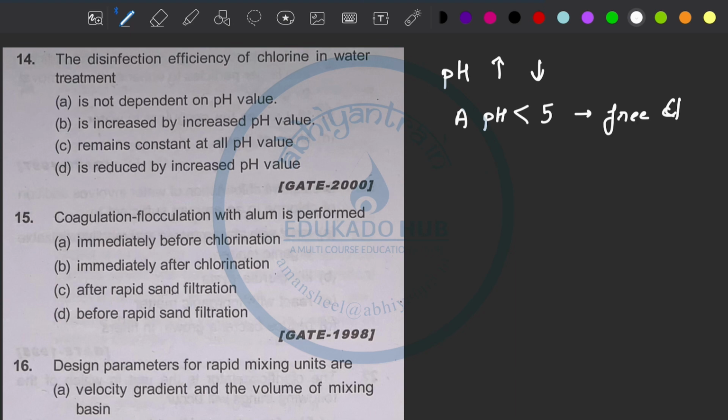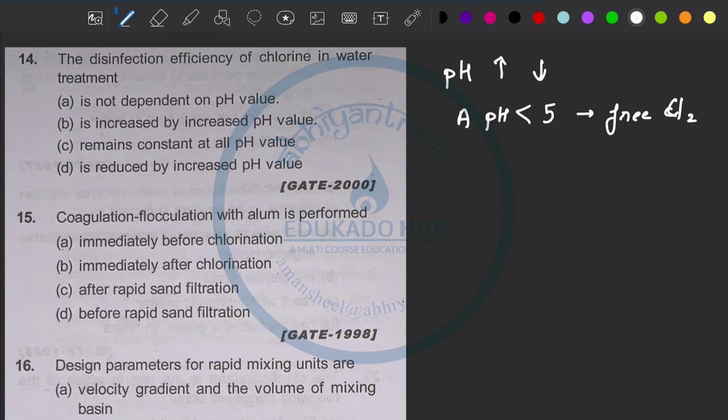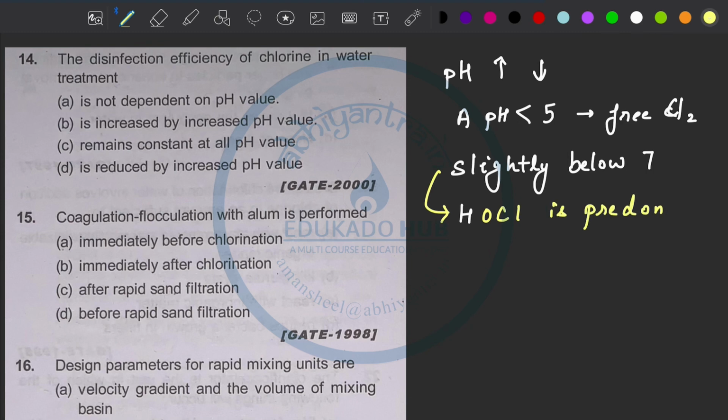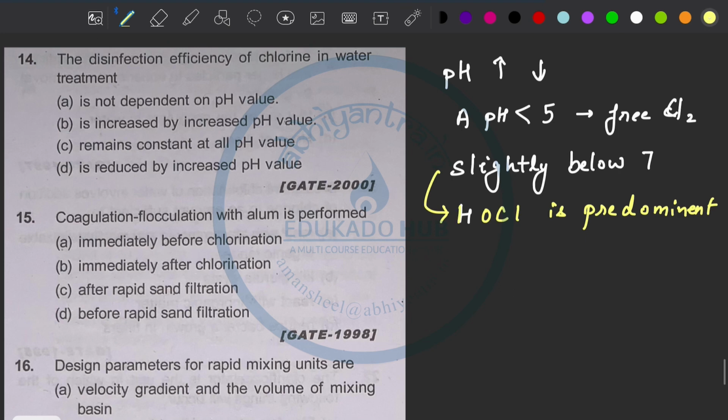So to react, chlorine water should maintain a pH that is slightly below 7, because at slightly below 7, HOCl is predominant, and HOCl is also 80% more effective than OCl minus.